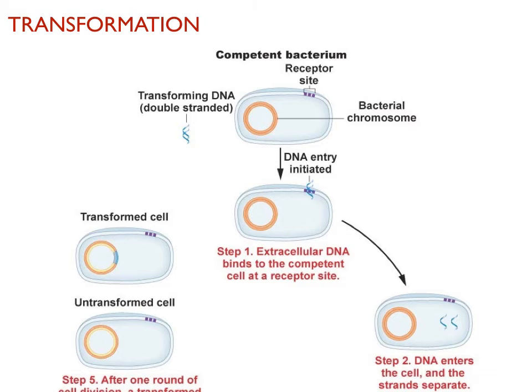If I want them to take in a particular gene, I put millions of copies of that gene into that culture and then shock the bacteria so that they suck it up. We'll talk about how we're able to make this transforming DNA, this double-stranded DNA that we want these bacteria to take in.